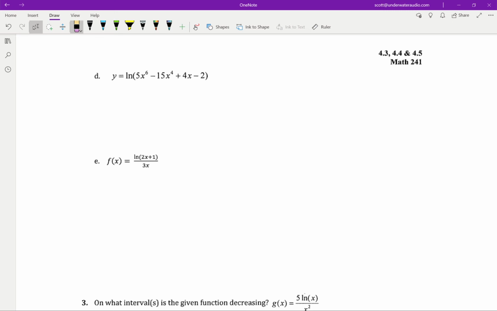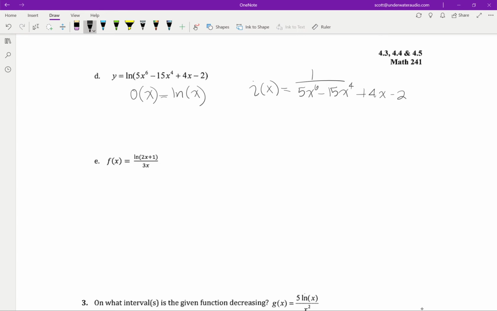All right, part D. So we've got an outside function that looks like the natural log of x, and an inside function that looks like 5x to the 6th minus 15x to the 4th plus 4x minus 2.